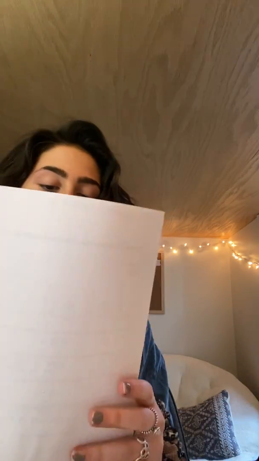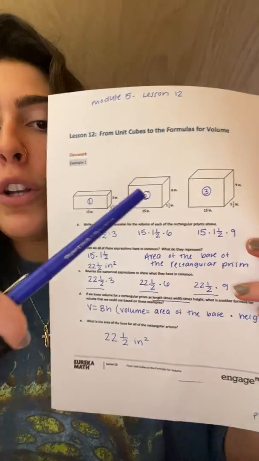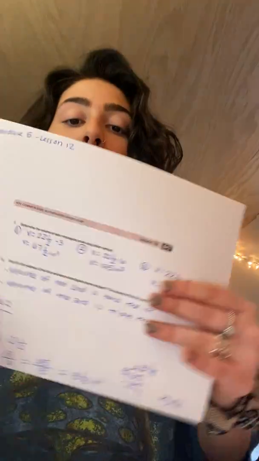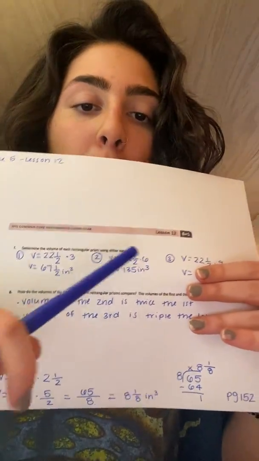Now, if we move on to page 152, it's asking us to determine the volume of each rectangular prism using either method. What I did is look back over here, and you see how I labeled these 1, 2, and 3. I used those same labels for this, 1, 2, and 3, to organize my work and my thoughts.